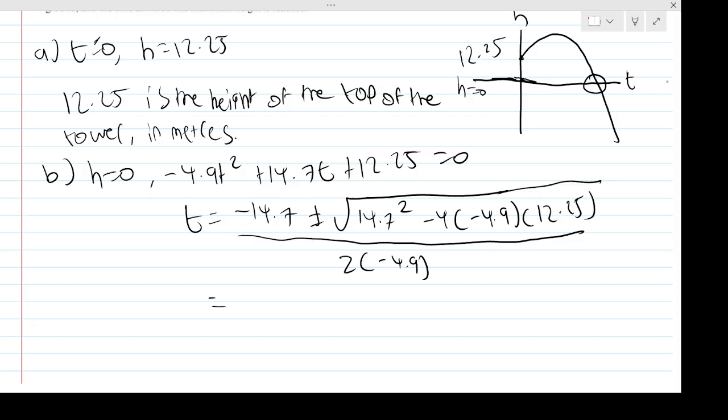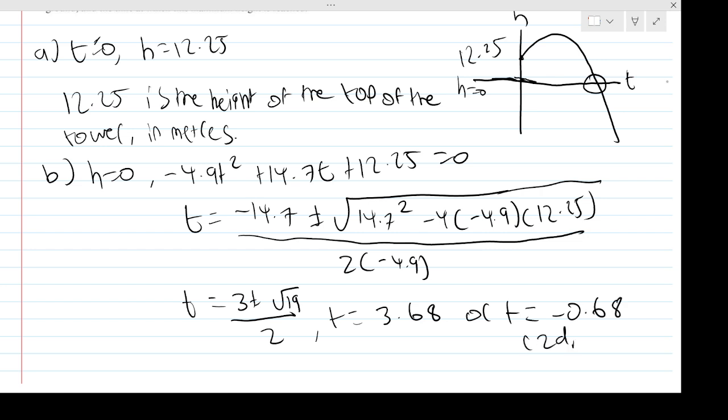You should get these two values. So t is 3 plus or minus root 19 over 2. And so if you put that to decimal, if we do the positive case, 3 plus root 19, you'd get 3.68, two decimal places I'm doing it, or t is equal to minus 0.68 to 2 dp.